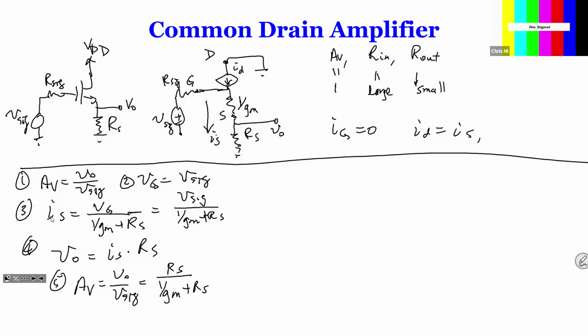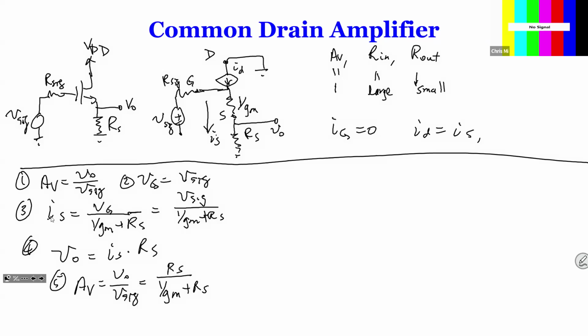So now at this stage, we want to verify, is this going to be really near unity? Well, it is kind of true because RS typically is in the kilo ohms, like 5K, 10K. But 1 over GM is typically in the hundreds or tens of hundreds of ohms. So if this is 10K and 100, their difference is going to be like 100. So which means this value is going to be 0.99.